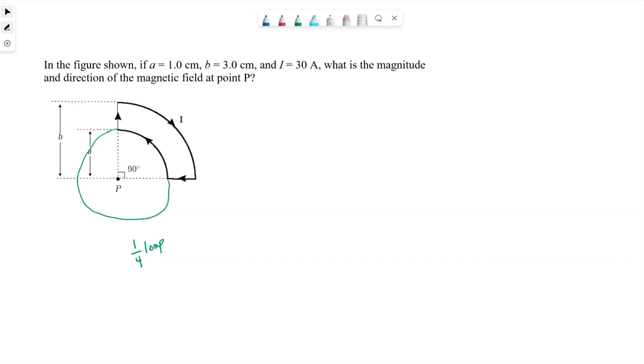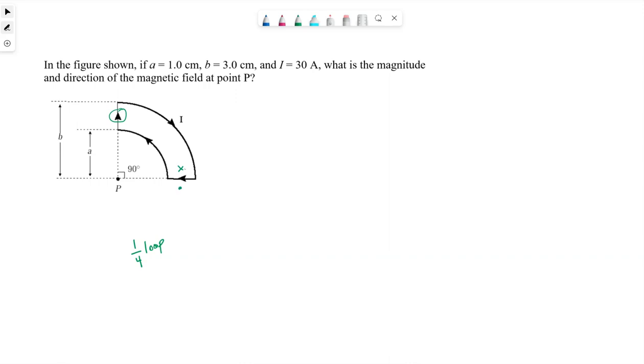Now the portions that have these straight edges, they are straight wires. But if we think about the magnetic field around a wire, if I point the thumb of my left hand to the left for this bottom one, my fingertips would point up here and point down here.